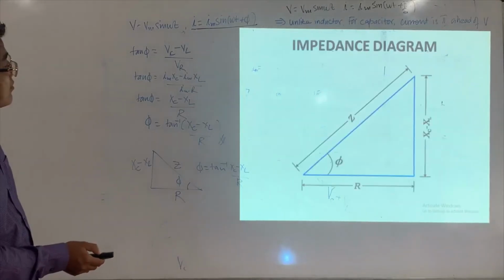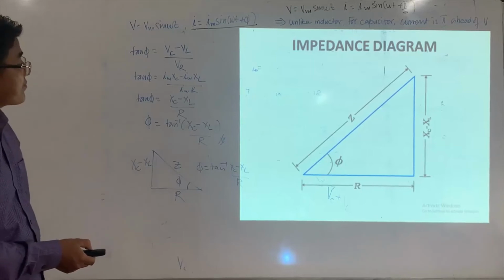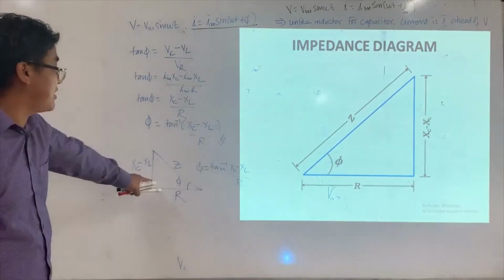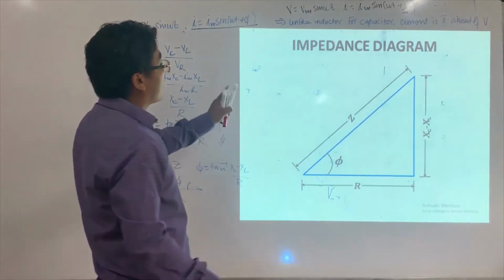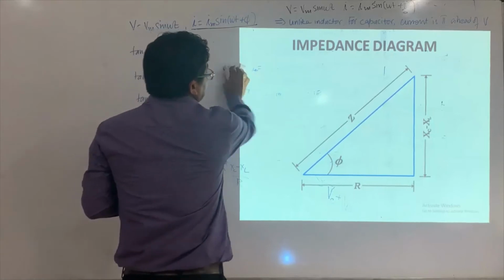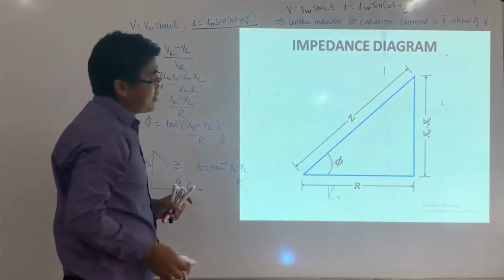One more diagram is there, the impedance diagram, with Z, R, and XC minus XL. In an exam, if you are asked about impedance diagrams, this is the impedance diagram which I have written here, right?